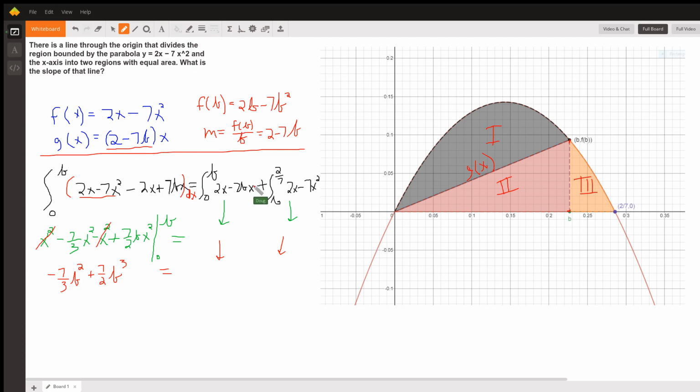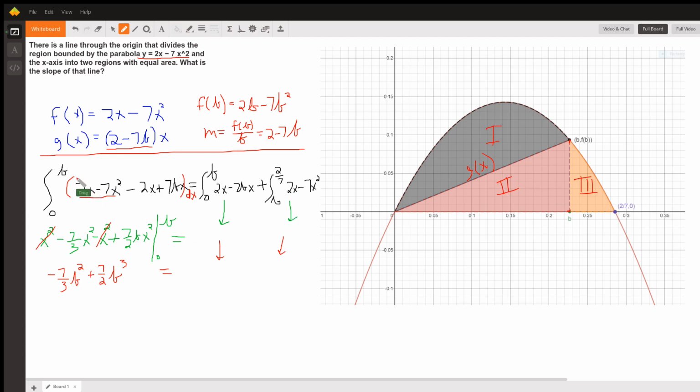Again, I left off the dx. Plus the area of region 3, which is the area from b to 2/7. How do I know that this is 2/7? Because I solved this equation for x when y equals 0. So 2/7 under f of x would be under 2x minus 7x squared.